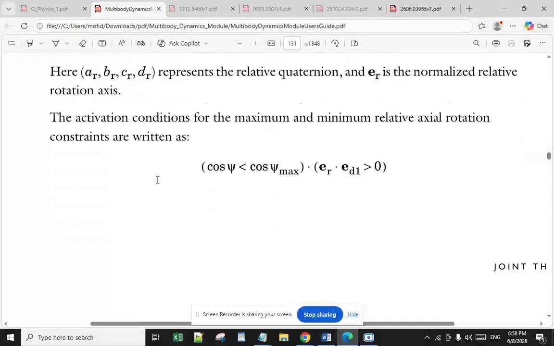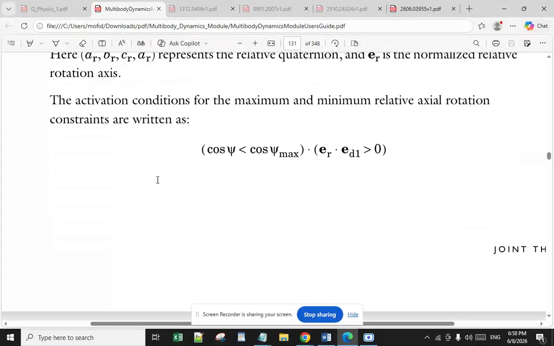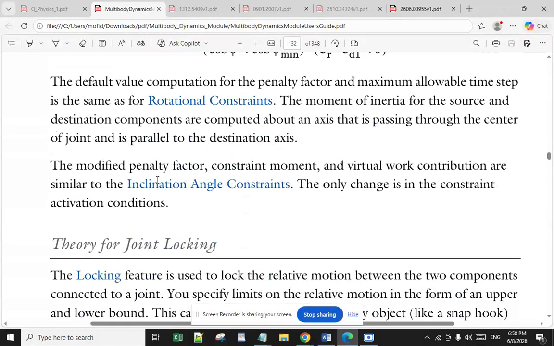The activation conditions for the maximum and minimum relative axial rotation constraints are written as cos zeta is less than cos zeta maximum, multiplied by er · e_ad1 is greater than 0. The default value computation for the penalty factor and maximum allowable time step is the same as for rotational constraints.